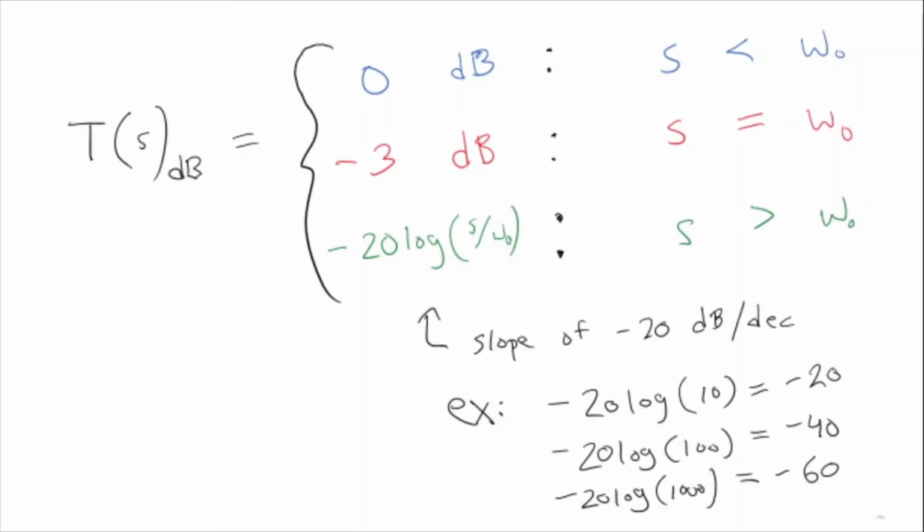You can test this out by plugging in s values, such as s equals 10 times omega naught, s equals 100 times omega naught, and s equals 1000 times omega naught. You can see here that the gain does indeed decrease by 20 decibels per decade.